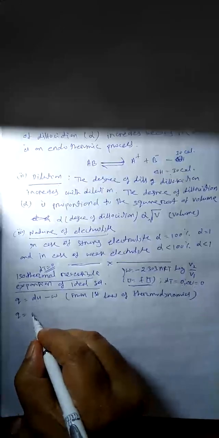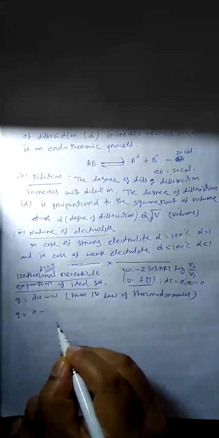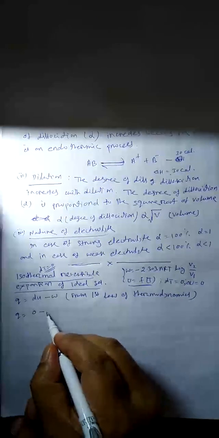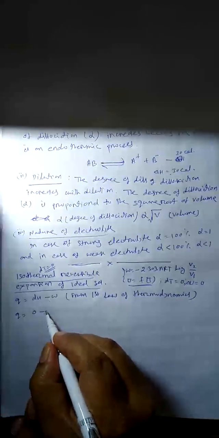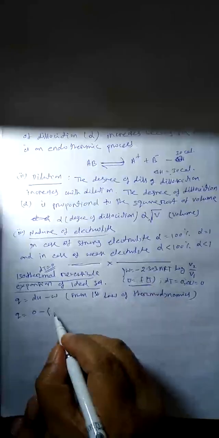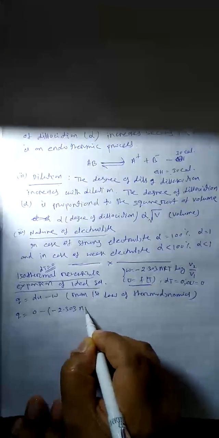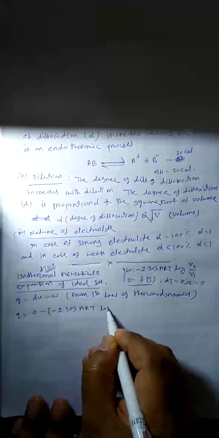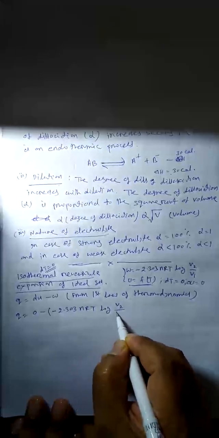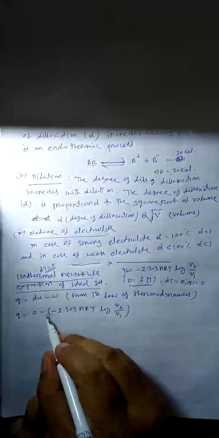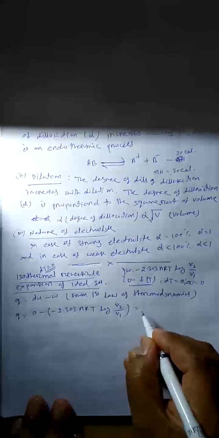So I put here dU is equal to 0, then minus W, and W is equal to minus 2.303 nRT log V2 by V1. Minus times minus will be plus.